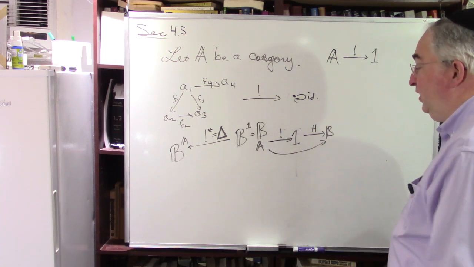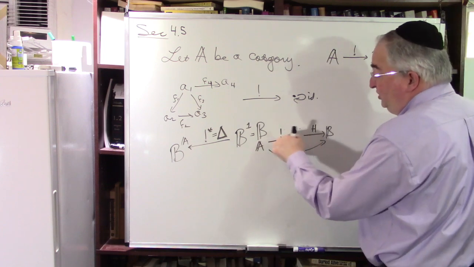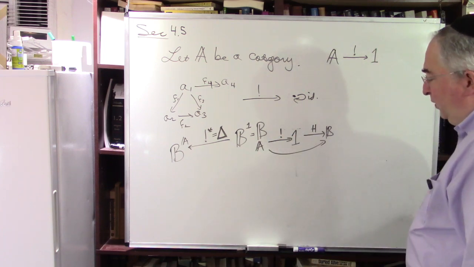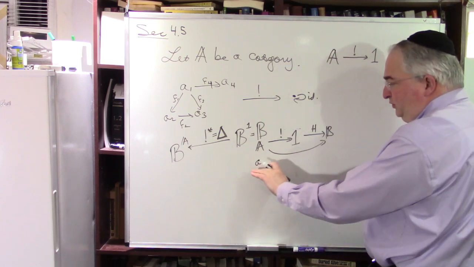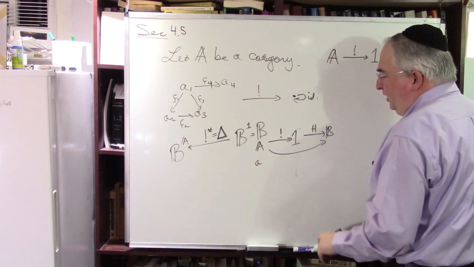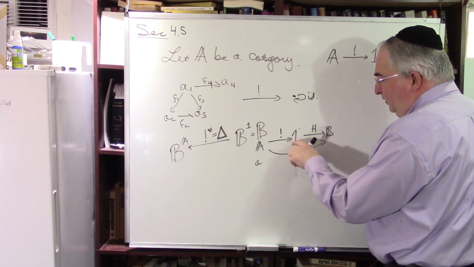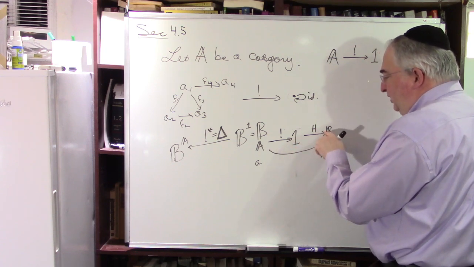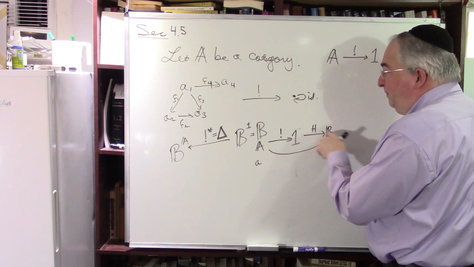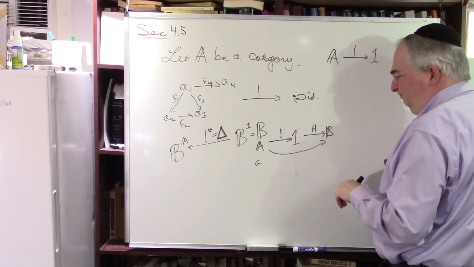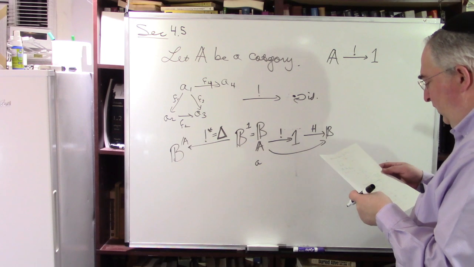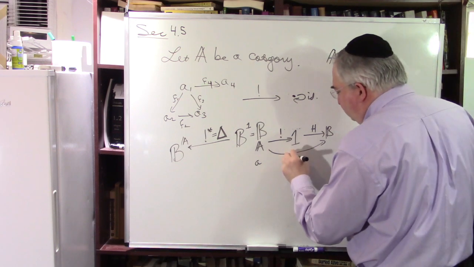That's a funny thing. So what does precomposing with this unique functor do? Well, for every object here, little a, no subscripts, no superscripts, it's going to go to the 1, and it's going to pick out whatever that H did. And so we're going to call this delta.